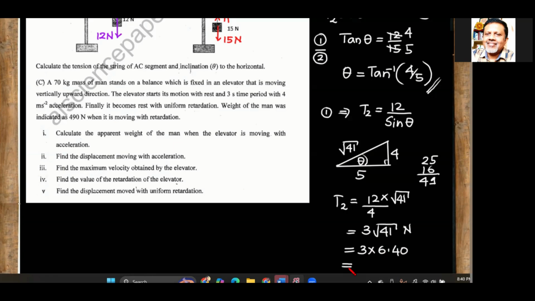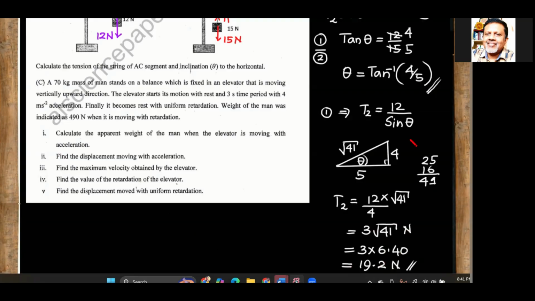And if you multiply it by 3, 6.4 into 3 is equal to 19.2 newtons. Right? We have to use the logbook to simplify this. Square root 41 is 6.40.